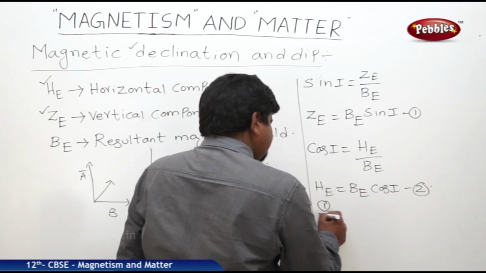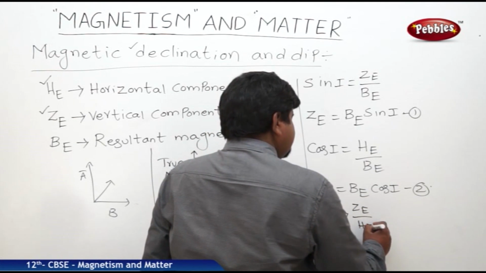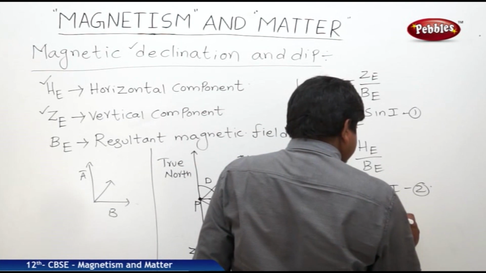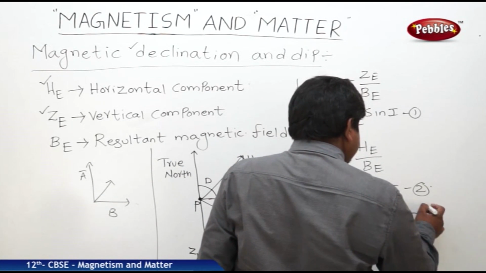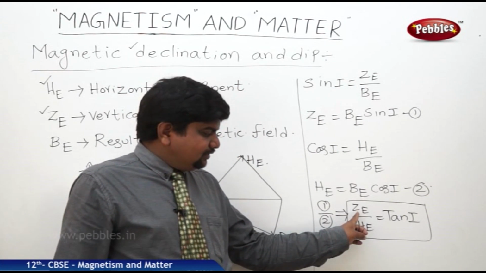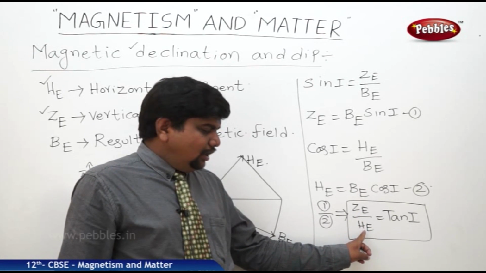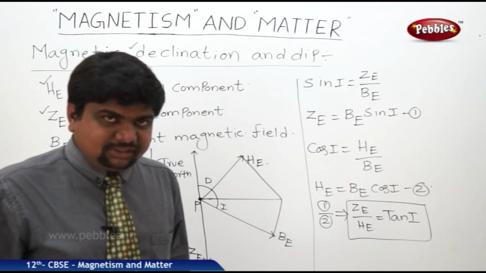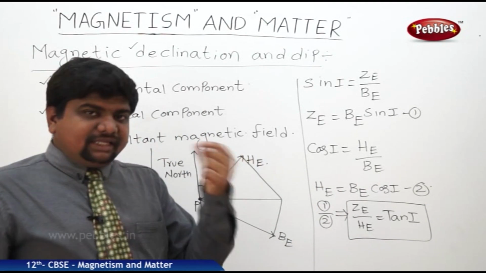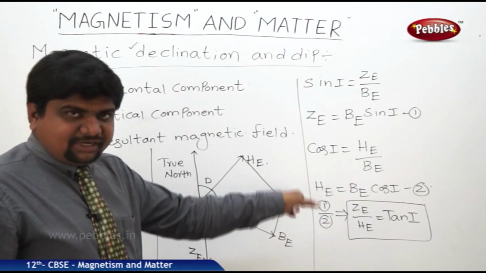Equation 1 by equation 2 will give ZE by HE is equal to BE sin I by BE cos I, which is nothing but tan I. So the vertical component of the Earth's magnetic field is equal to tan of inclination times the horizontal component of the Earth. So this is the formula we are going to use to find out the Earth's magnetic field at a given particular position.